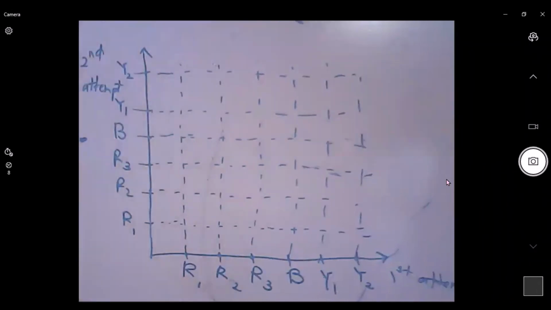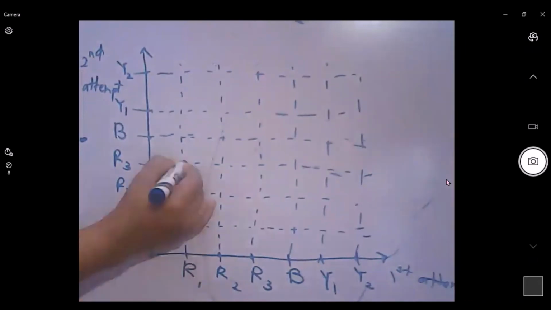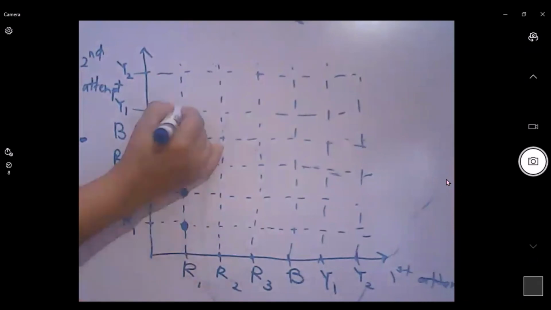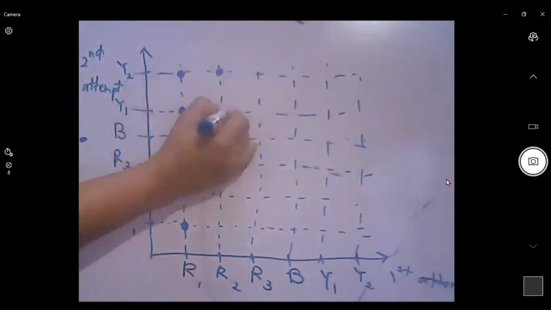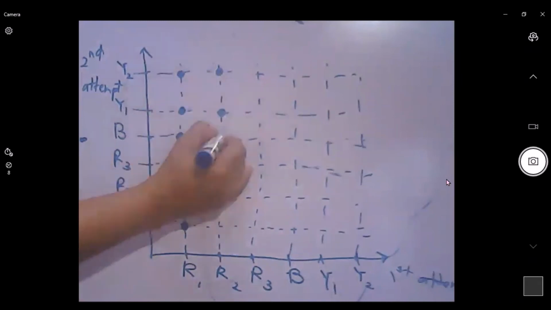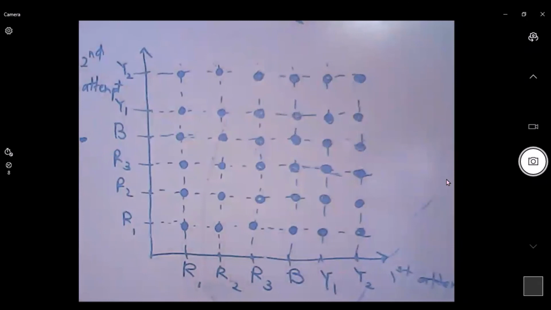Now we are going to mark the sample outcomes. These are the outcomes, or you can draw a cross. Okay, now read the first question.